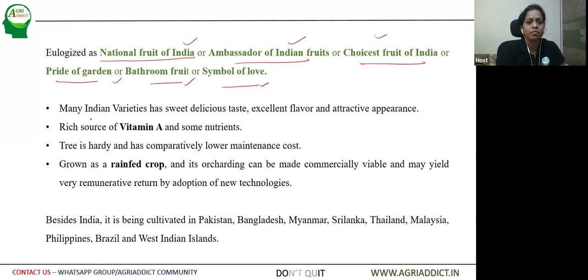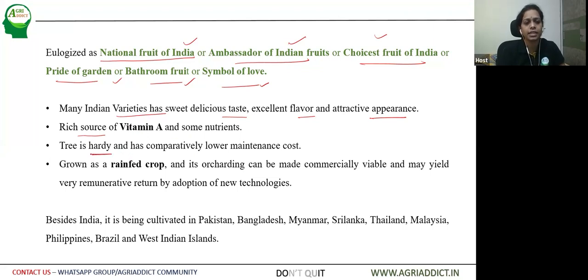If you see why mango is called by these terms, it is because the Indian varieties are sweet, delicious in taste, with excellent flavor and attractive appearance. Among all the fruits, the Indian mango varieties are excellent in taste and flavor. It is the richest source of vitamin A among all the fruits and also has some other nutrients.